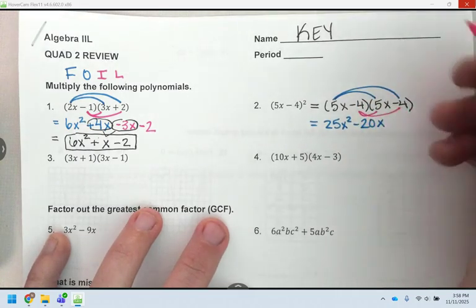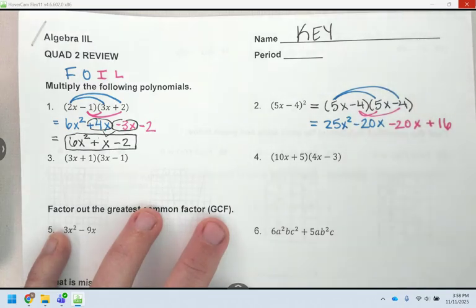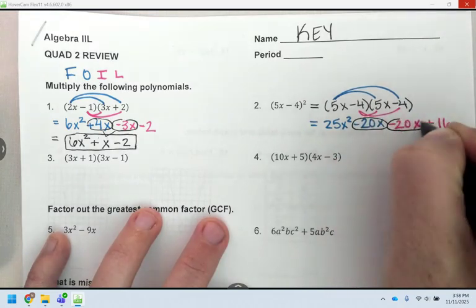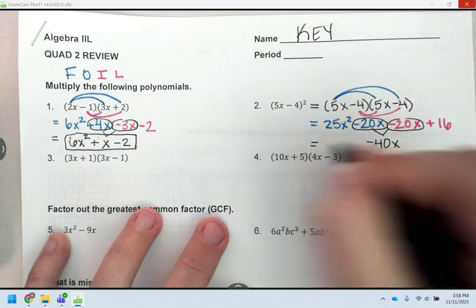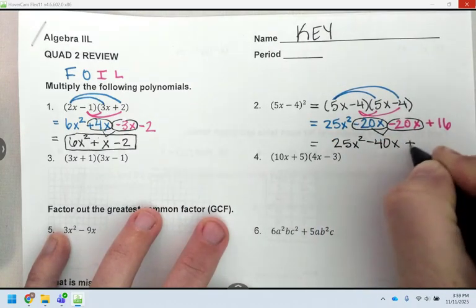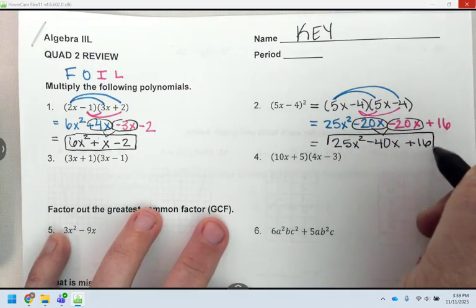Inner last. And you, of course, can use a calculator to get those numbers. Combine like terms. And this would be the simplified version.